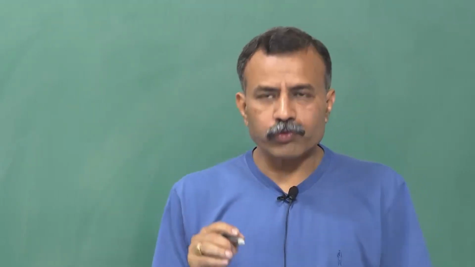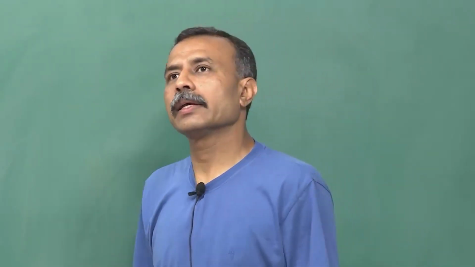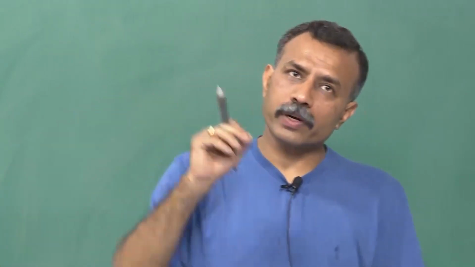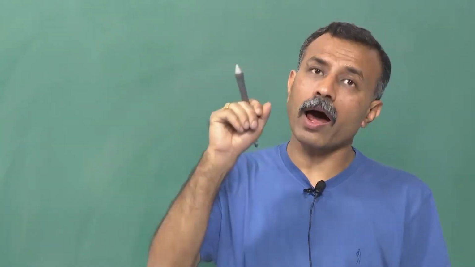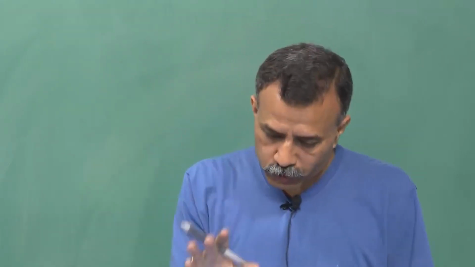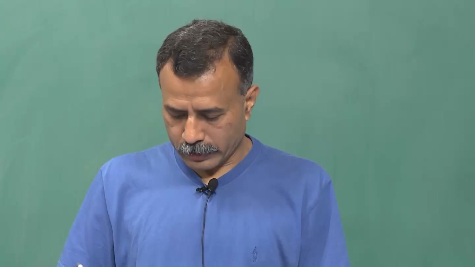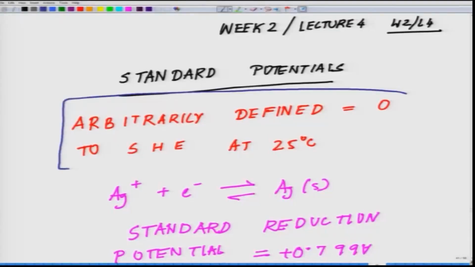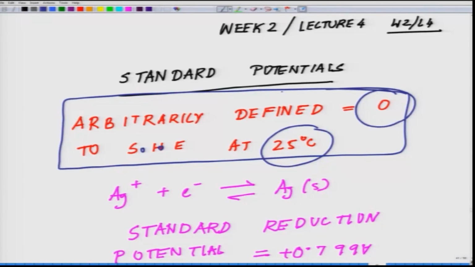So as we move forward, you will realize that there are different kinds of electrodes where people have used different references, but those references were calibrated with the standard hydrogen electrode. But the first one, where all these assumptions started, was the arbitrarily defined standard hydrogen electrode at 25 degrees centigrade as 0. So it has a potential of 0, and everything is measured with respect to it.